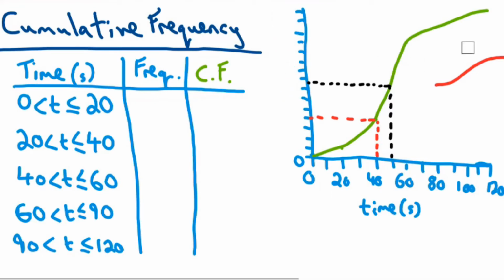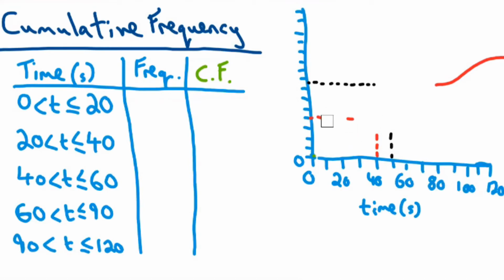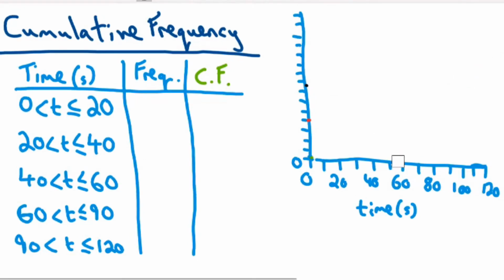So what we're going to say this time is that the frequency for 0 to 20 is going to be 1. Then the frequency for between 20 and 40 is going to be 3. 40 to 60 will be 6. 60 to 90 is going to be 3 again. And then the 90 to 120, let's just make 2 again, like last time.